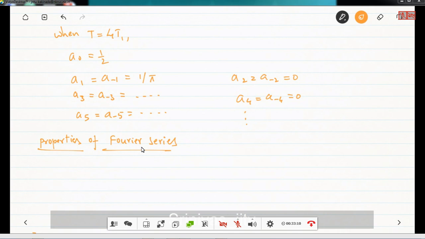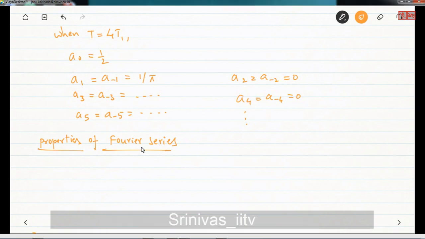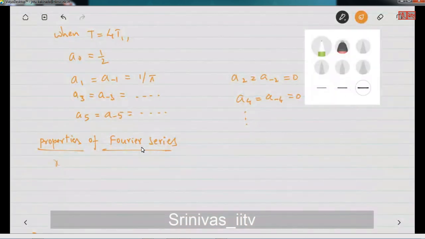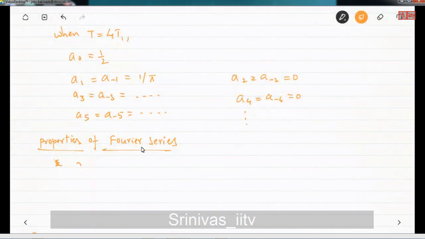Everything that we did till now was: if x of t is periodic with period T, then it can be expressed as a weighted linear combination of complex exponentials.